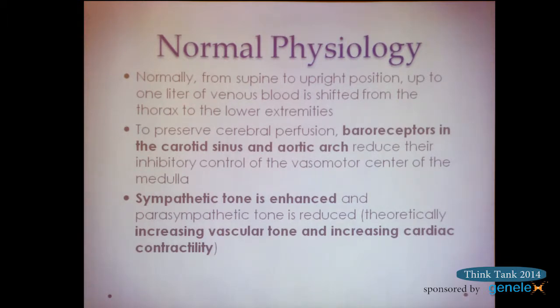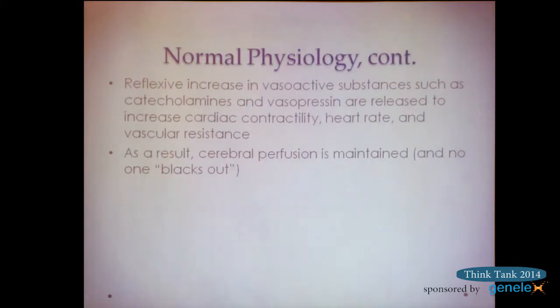By virtue of this, sympathetic tone throughout the body is enhanced and parasympathetic tone is reduced. This theoretically increases vascular tone and increases cardiac contractility, which is a compensatory mechanism for the positional change.